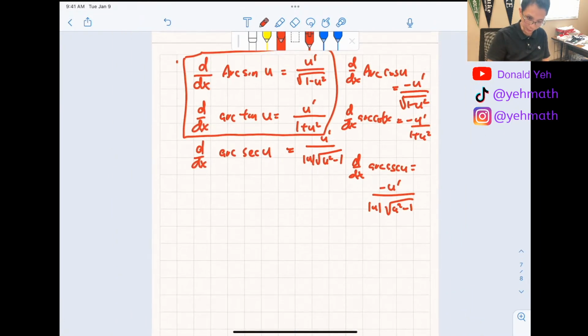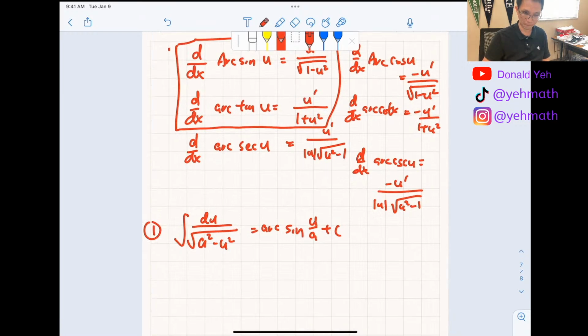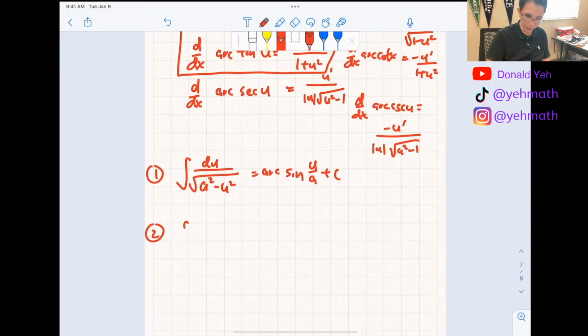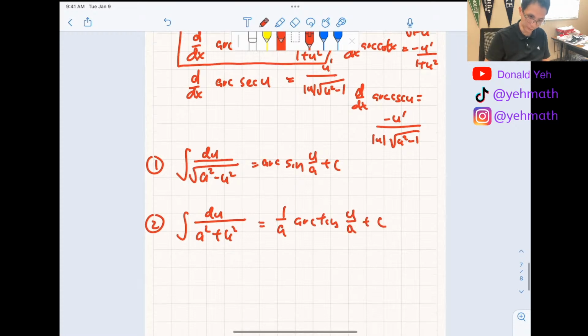So what are the integrations you need to know? Well, the integral of du over the square root of a squared minus u squared is equal to arc sine of u over a plus c. So that is the first one. The second one is the integral of du over a squared plus u squared, which is 1 over a arctan of u over a plus c.